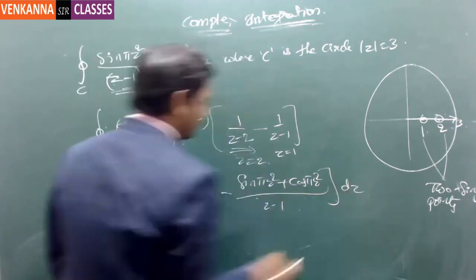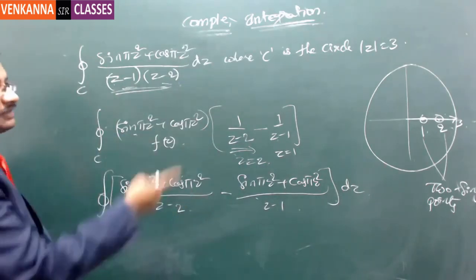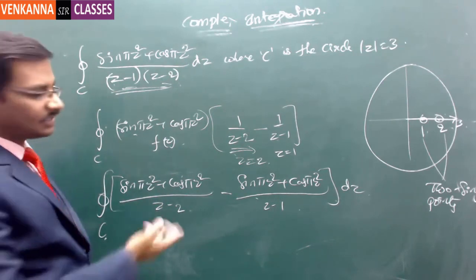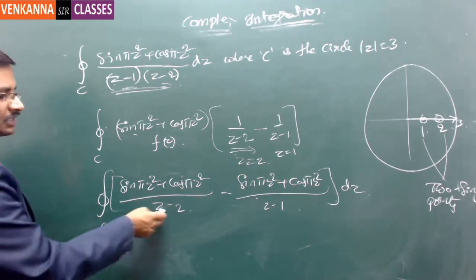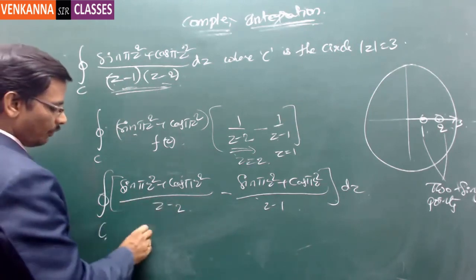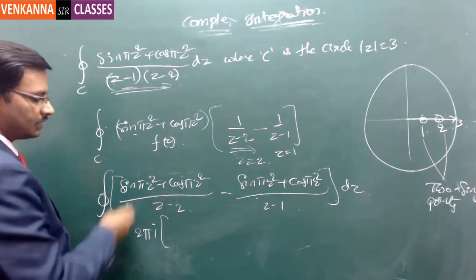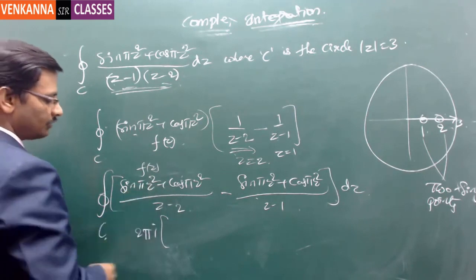Now this C being mod z is equal to 3, both the points are within the circle. So both are singular points for us. Now if both are singular points, then as per Cauchy's integral formula, this value is coming out to be 2 pi i times f of 2. So f of z is this one, and 2 you need to substitute here.